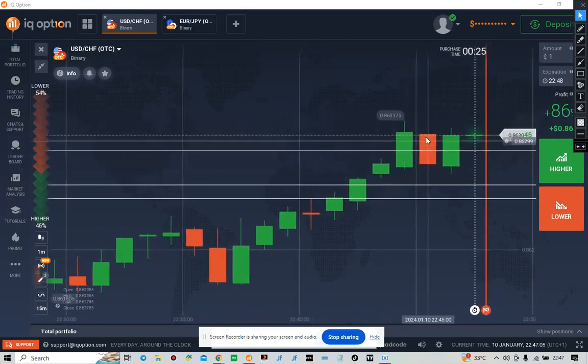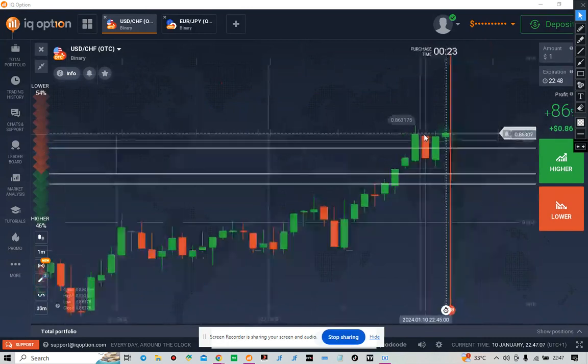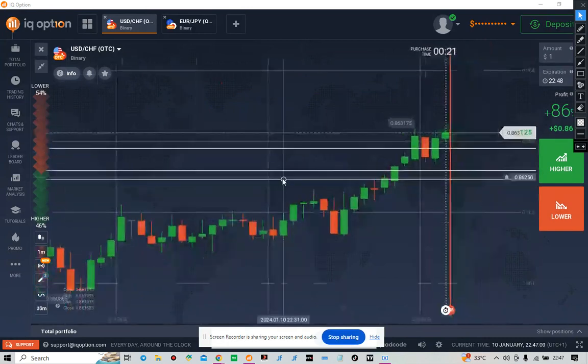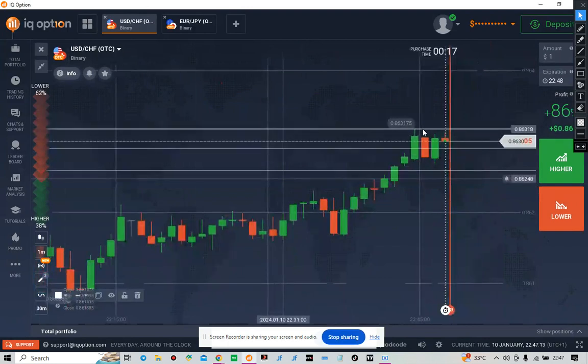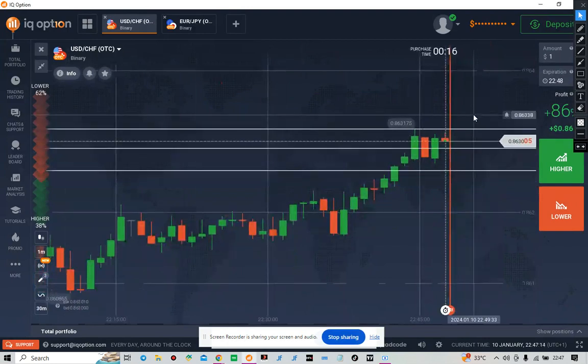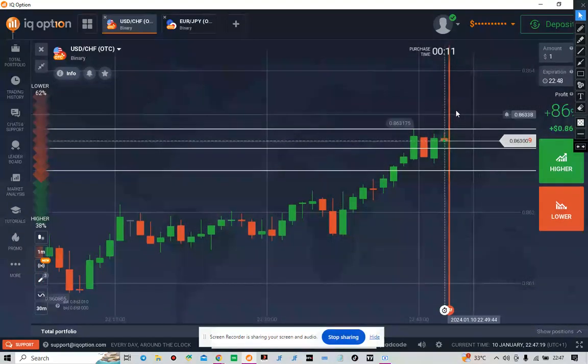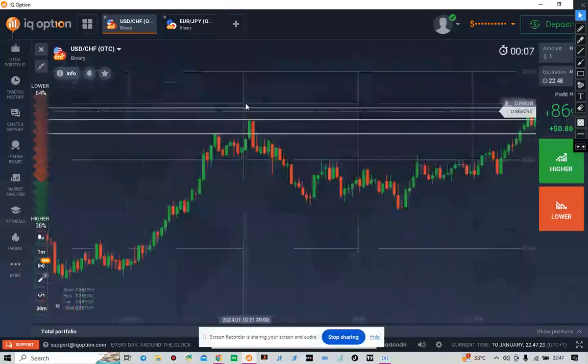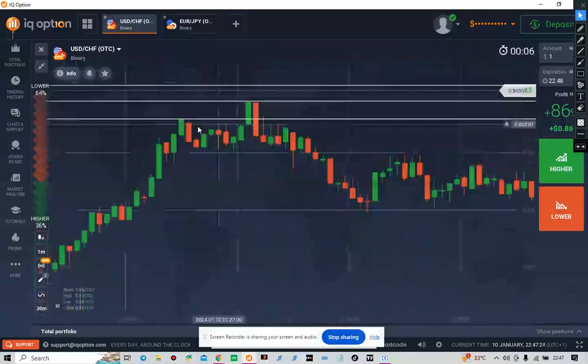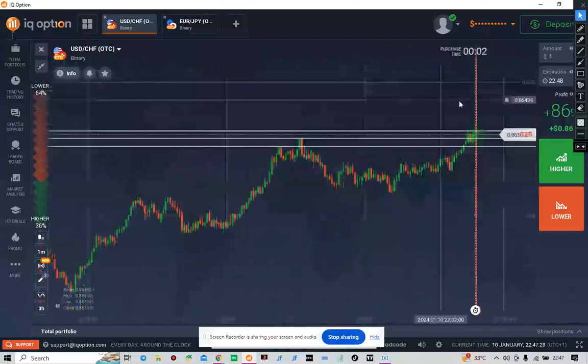Now sellers entered again on the next candle, which means I'm going to pick this line and bring it to this high. So now what do we have here? We have a sellers area. From this line to this line, we have a sellers area.